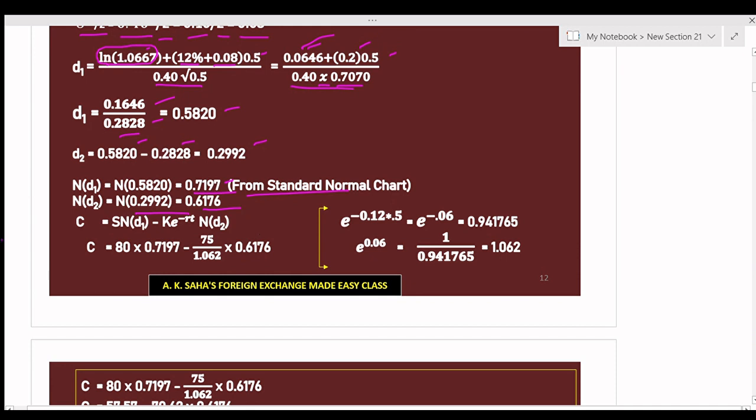And C is equal to S into ND1 minus K into E to the power minus RT into ND2.